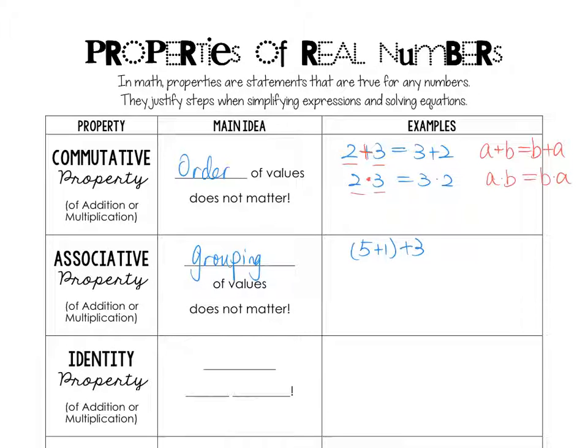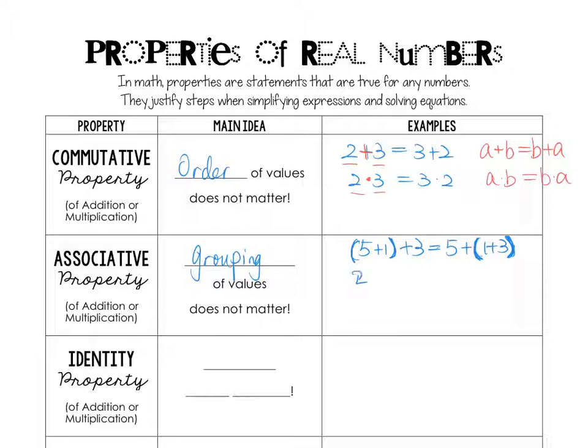I'm grouping 5 and 1 together using parentheses, so now I have 6 plus 3 equals 9. But if I group 1 and 3 together, I have 4, and 4 plus 5 also equals 9. So it doesn't matter which way you group.